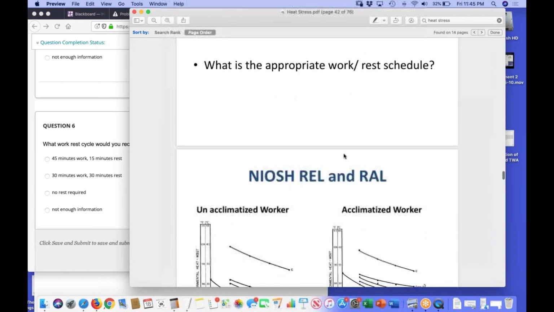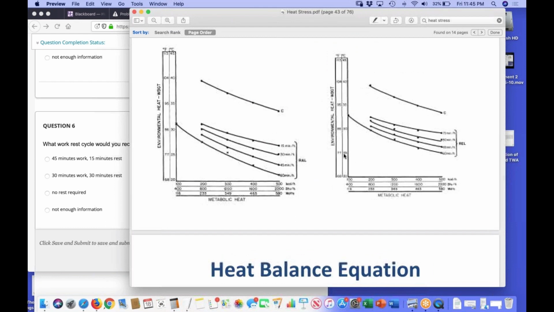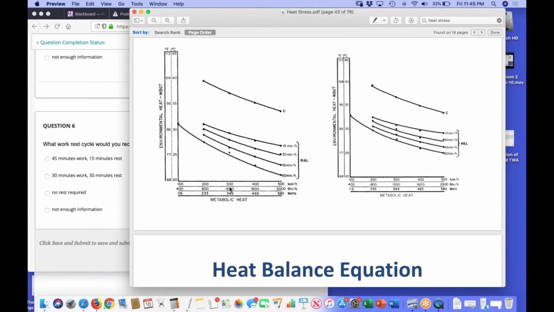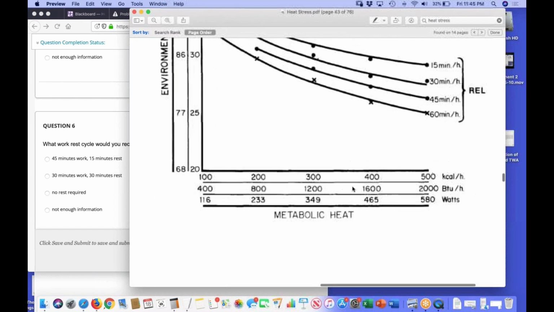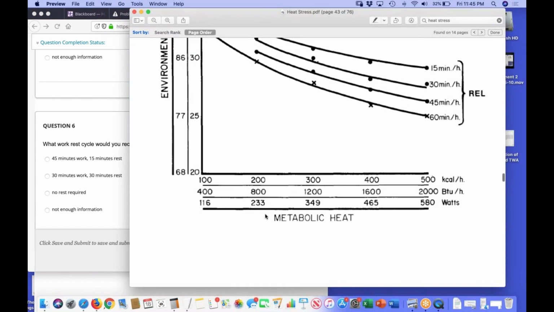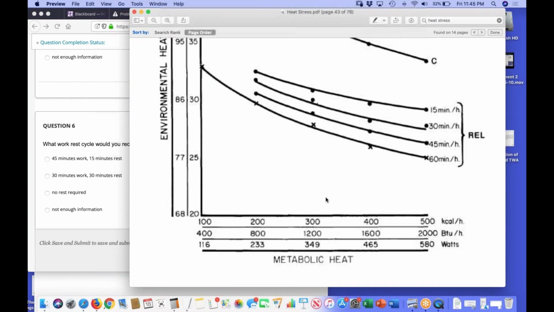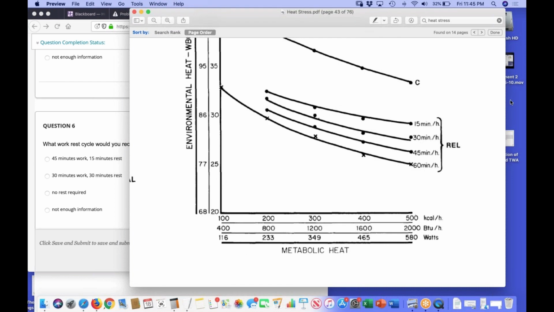Okay, so here's a metabolic rate in watts. Okay, we said 300, so we're over here somewhere. Let me see if I can get a semi-straight line here. Okay, I'm going to say 300. It looks like it's going to be around here somewhere. And I'm going to go up as straight as I can here.